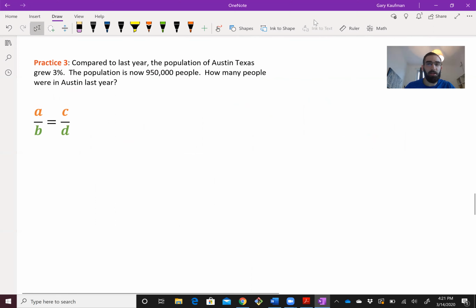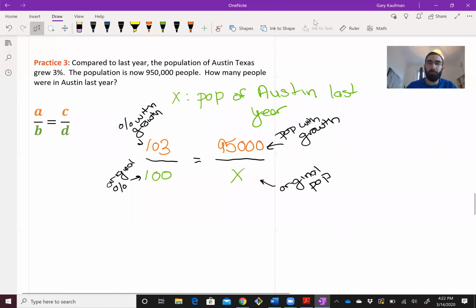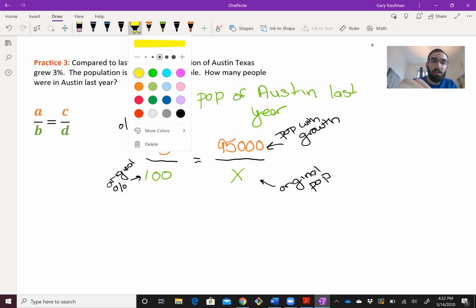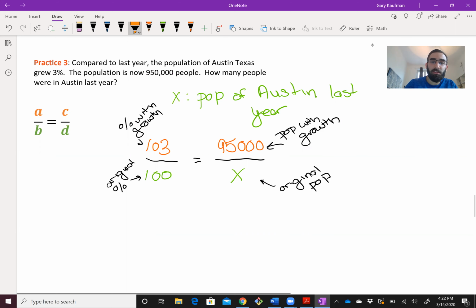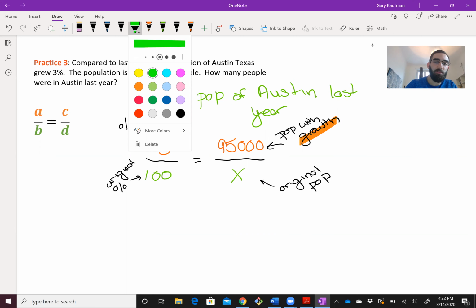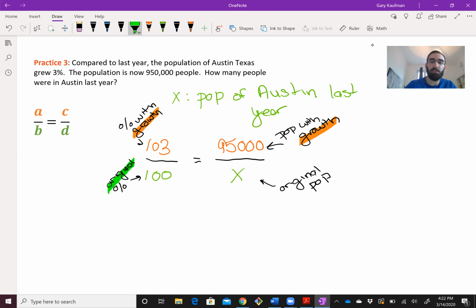Here's practice 3. So just like the past practice, I already wrote the proportion out and I've labeled everything so that we can see that this is the population with growth. This is the percentage with growth. It's matching. And then we have the original percentage and we have the original population.